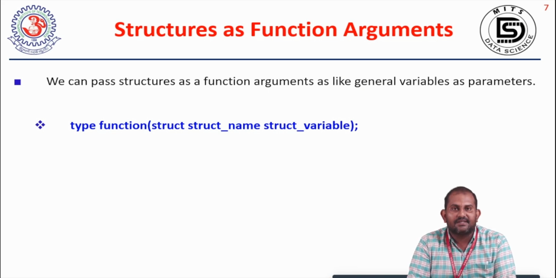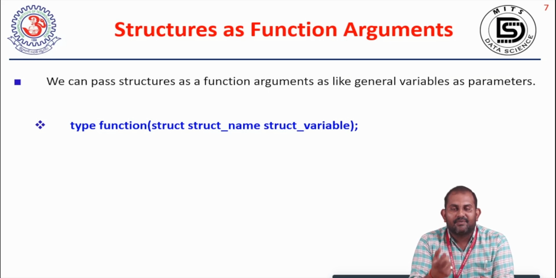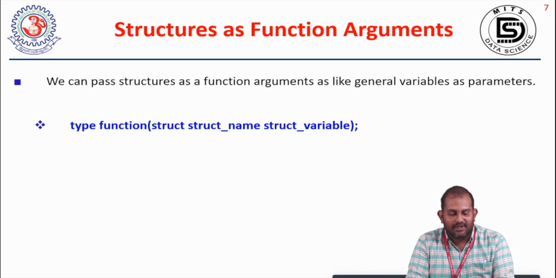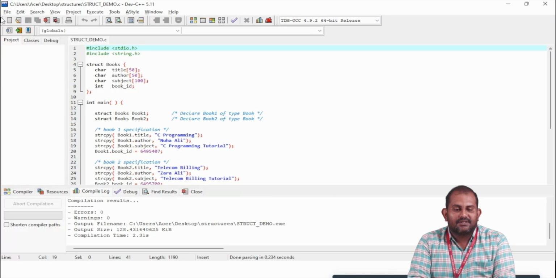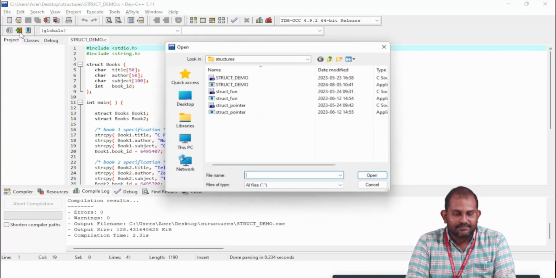Here's the syntax: type function, struct name, struct variable. So we give the struct keyword, the name of the structure, and the variable name of the structure. Now we will see an example of structures as function parameters or function arguments.